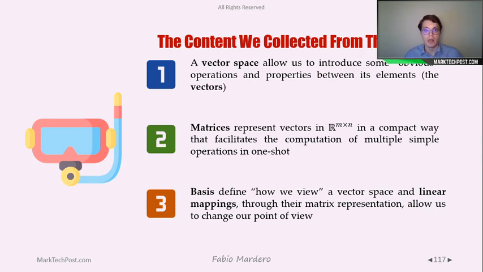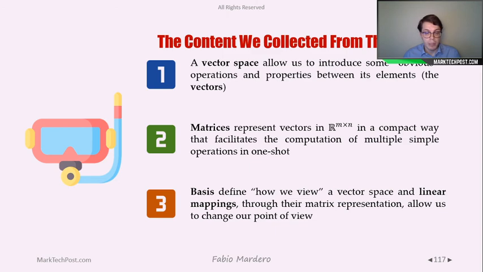The first one is about vector spaces, and we have found that a vector space allows us to introduce some, let's say, obvious operations and properties between its elements. These elements are called vectors. A vector space is a general environment that allows us to define whatever elements we want. That's a pretty powerful concept.